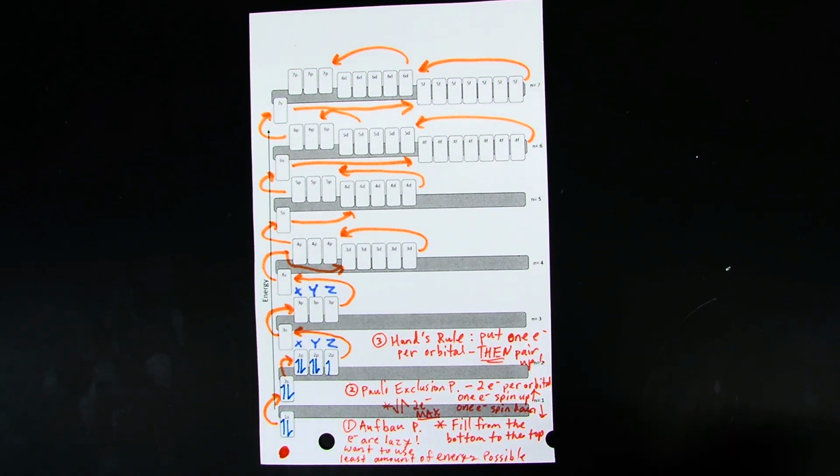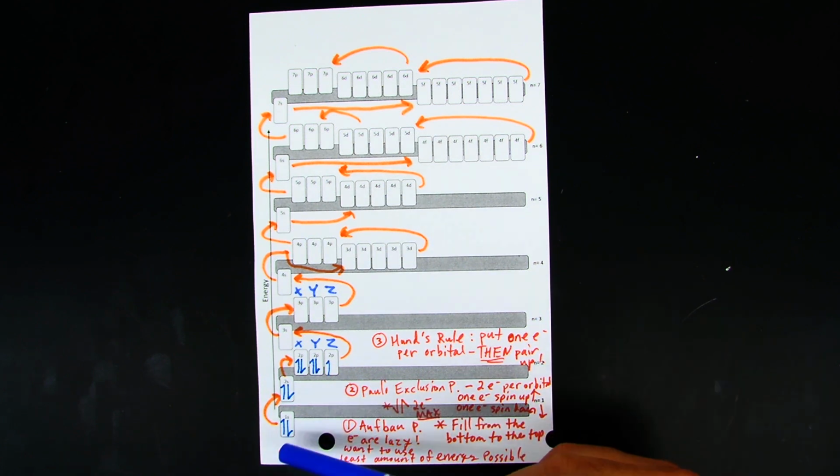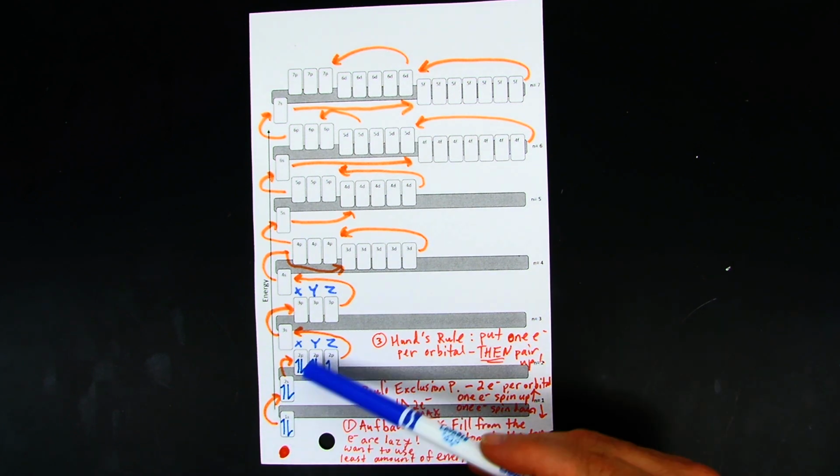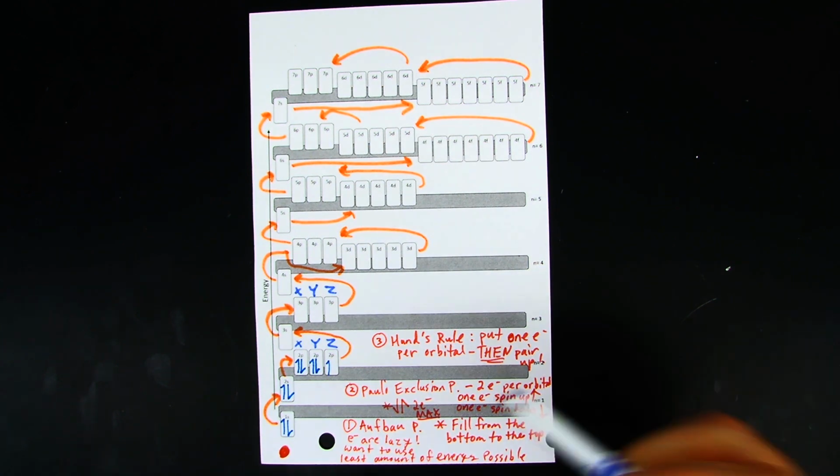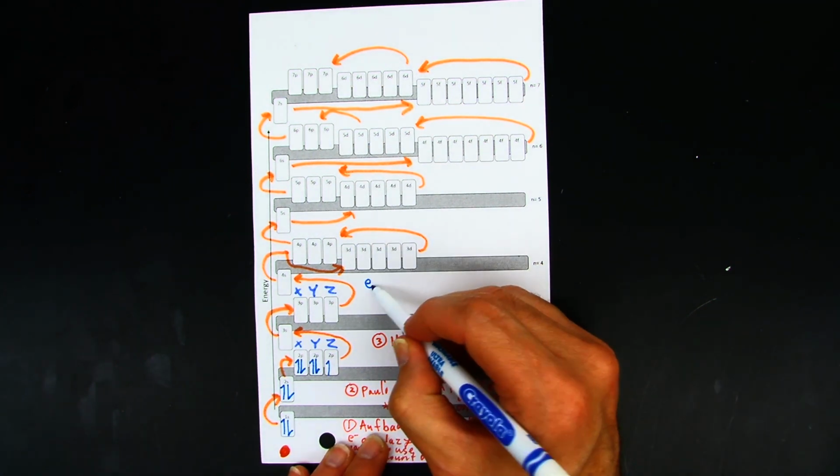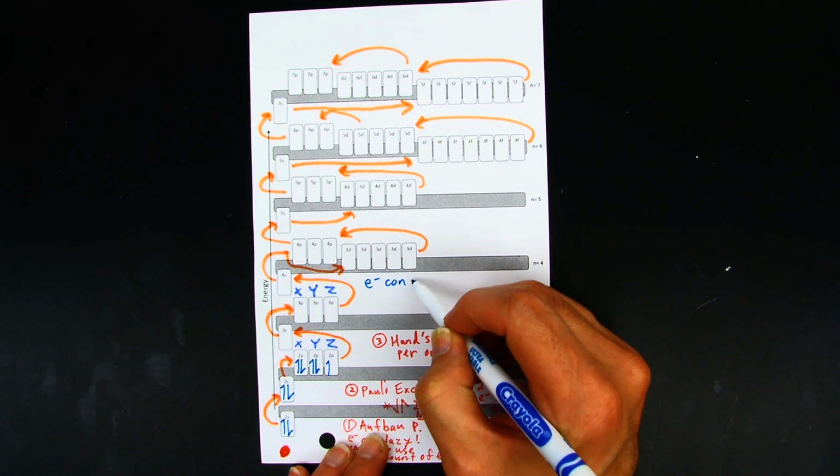And when we write the electron configuration, all we do is we write from the bottom up. So then let's write this down.